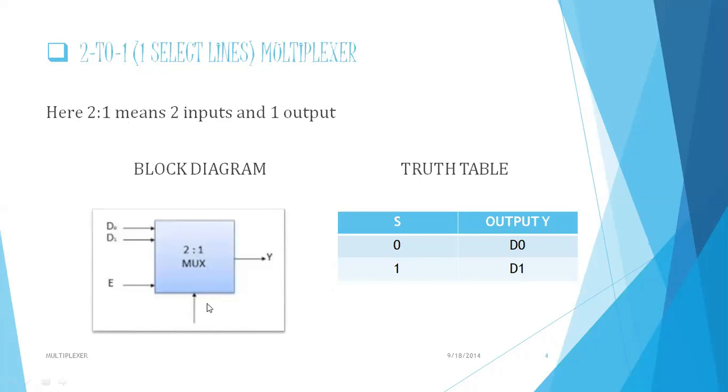If S is equal to 0, D0 is the output. If S is equal to 1, D1 is the output. So this is a 2 to 1 multiplexer.